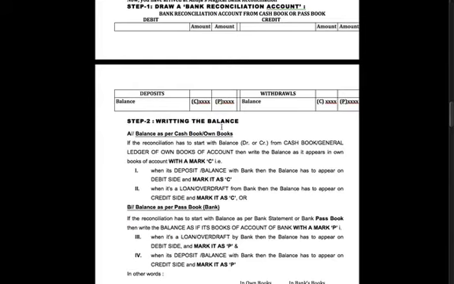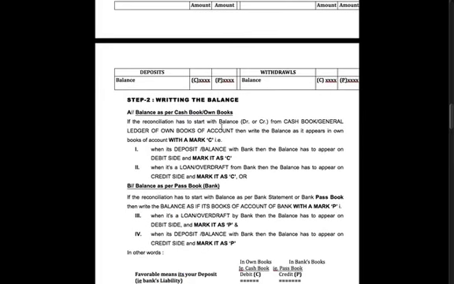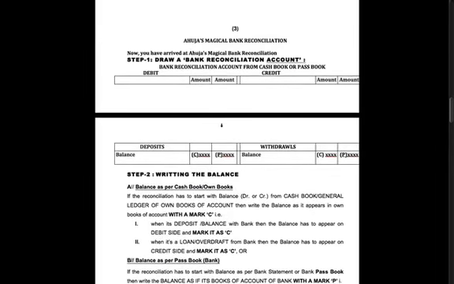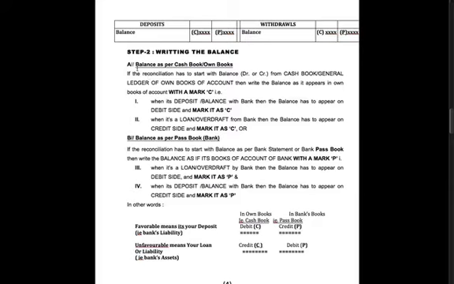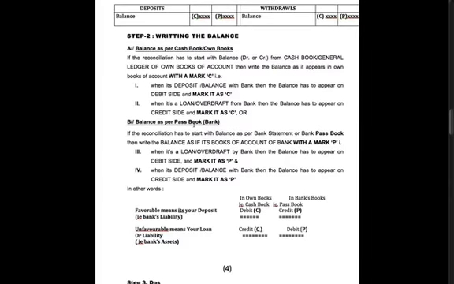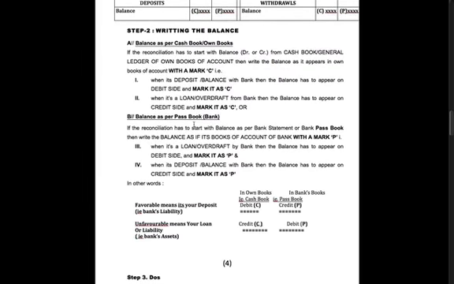So I hope you have understood how to write the opening balance in this bank reconciliation account from the cash book or passbook. Thereafter you have to perform a few activities. Step 2 is writing the balance, which is already done. Whatever I was explaining is written here.